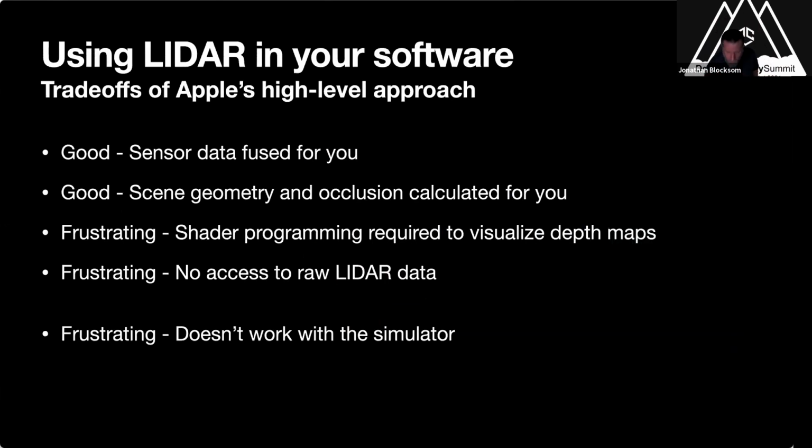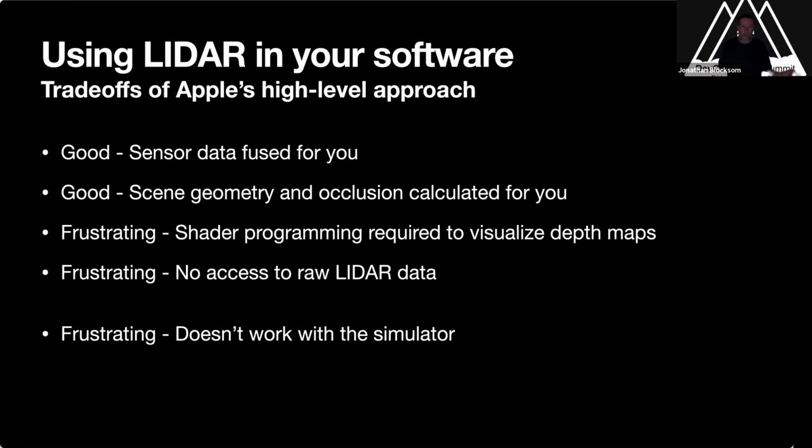Oh, here we go. Sorry, I'm kind of jumping ahead a bit. But yes, there are some pros and cons to what Apple's decided to do in terms of giving us access to the data, or really not giving us access to the data. In the WWDC session from 2020 talking about this, they use the phrase advanced machine learning algorithms, which fuse this with camera data to give us a depth map.